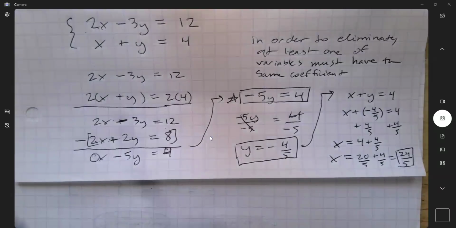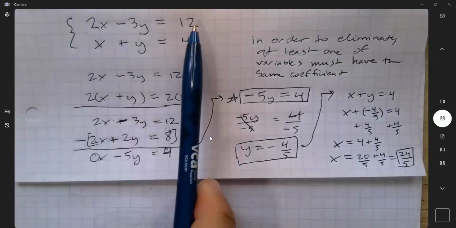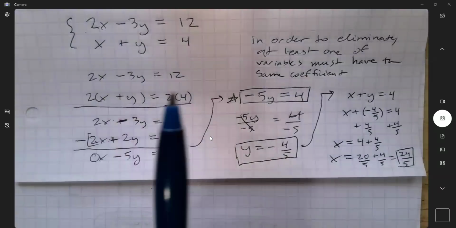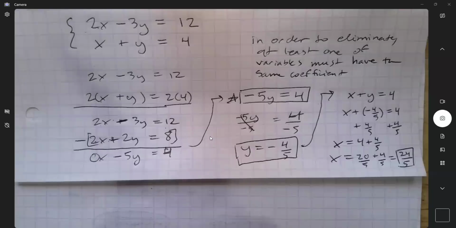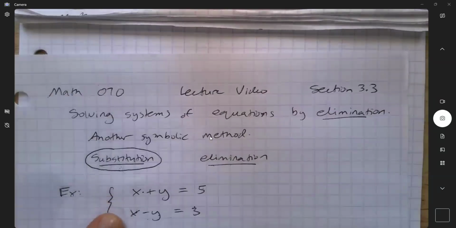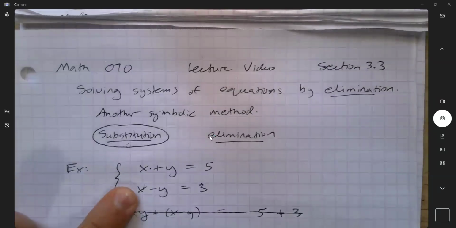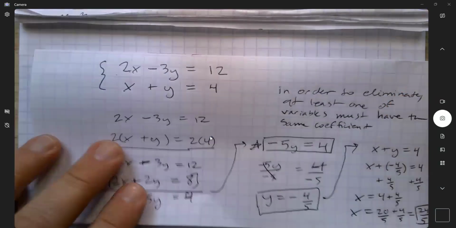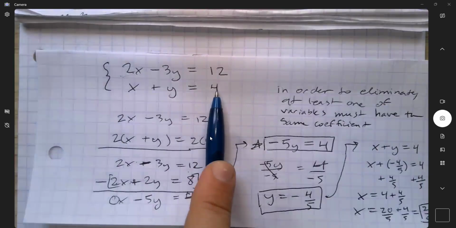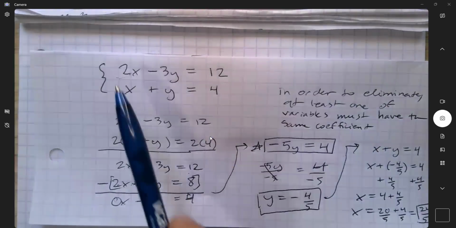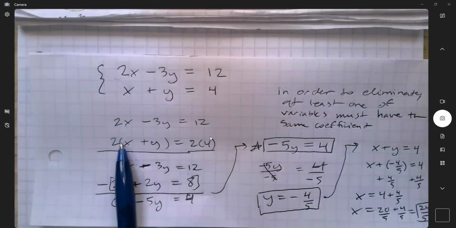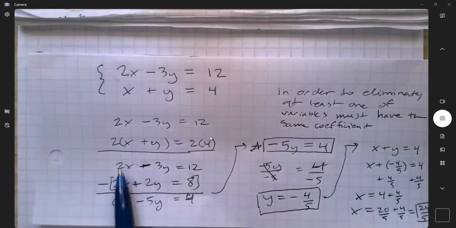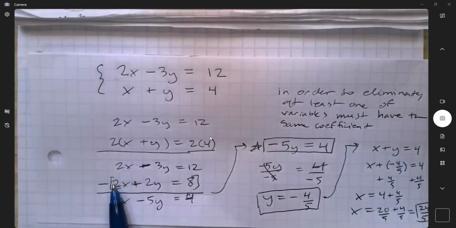Okay, what were the steps? I looked at my equation and I said, for some reason, I'm not going to do substitution. Now, to be honest, I look at this and I'm like, I'm going to do substitution. About the only time I do elimination is when it comes in the form that's really easy to eliminate. But if you have a system of equations and you want to solve it using elimination, you make sure both of your equations have at least one coefficient in common.